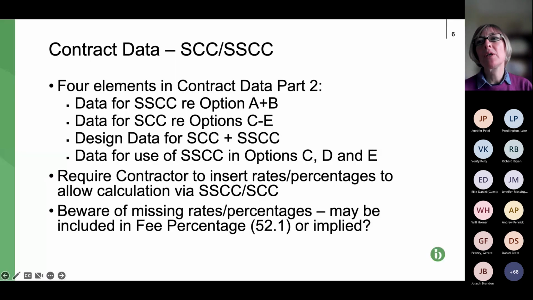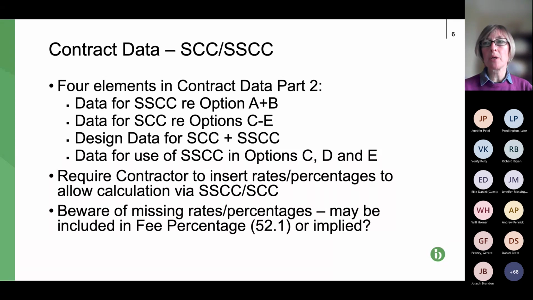We're going to come on later to explain how NEC 4 has changed in regard to the two schedules. So still circling around the schedules, I want to look at how the contract data is relevant to them.